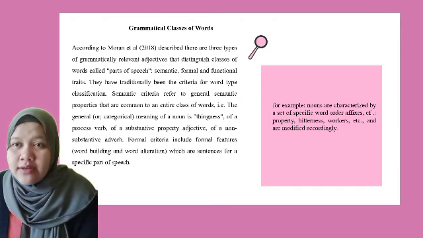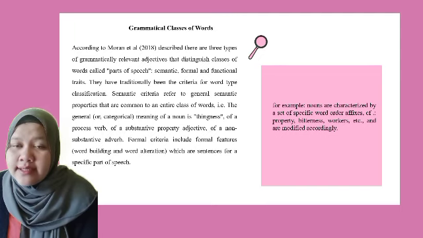Combinability is also a formal feature that is relevant for any particular part of speech. For example, verbs can combine with adverbs, whereas nouns cannot, except in certain contexts.